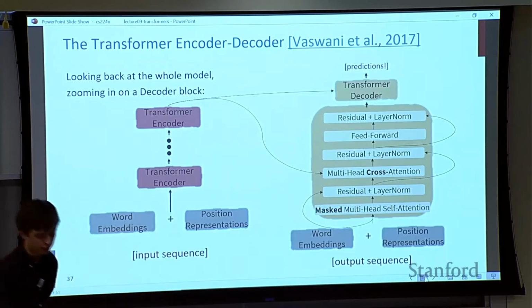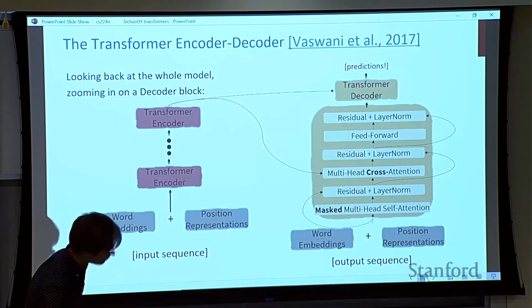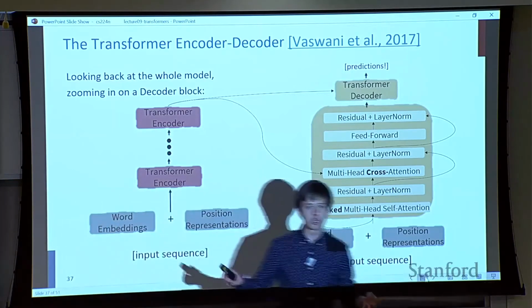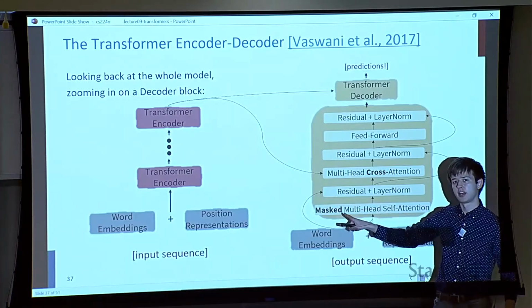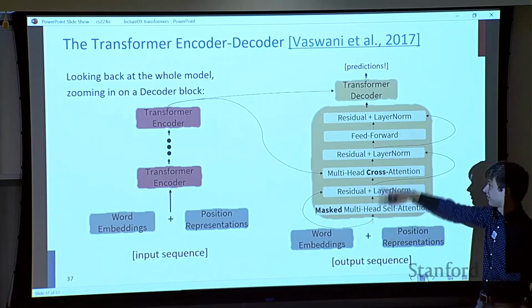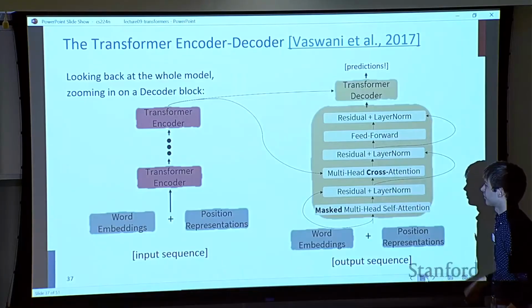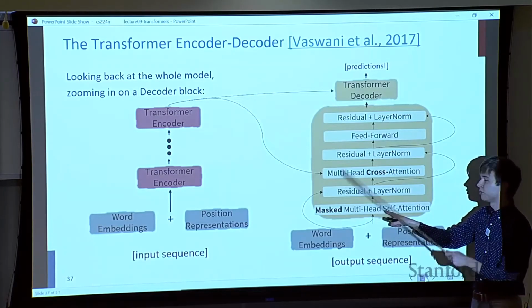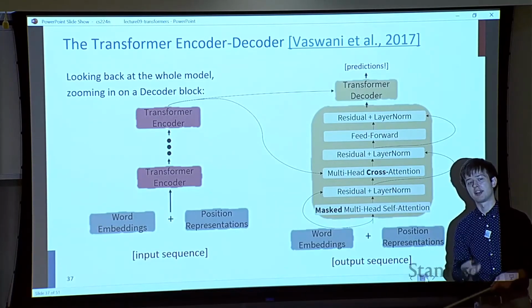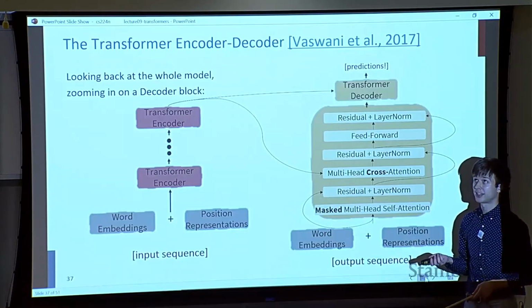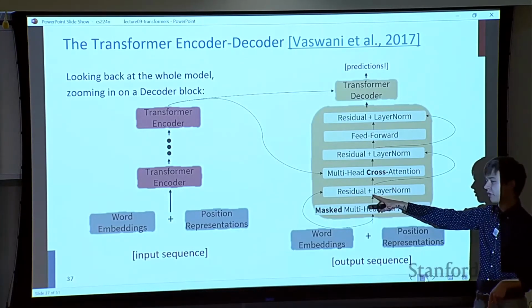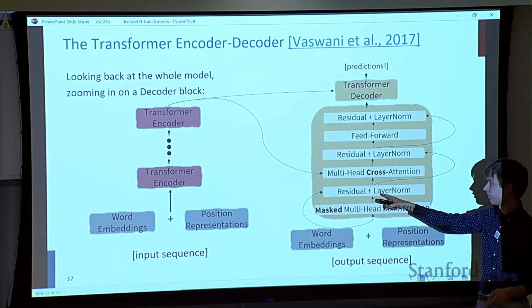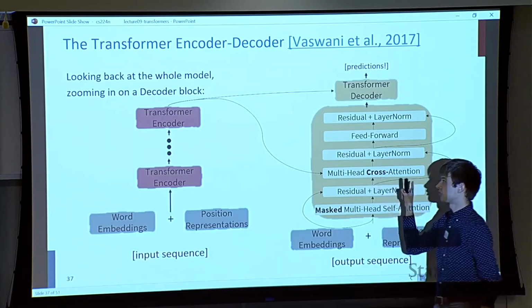Now let's look at the transformer decoder block. This is actually more complex. In particular, you've got that masked multi-head self-attention. And remember, this is not just for the first one, this is for all of the transformer blocks. So we've got masked multi-headed self-attention, where we can't look at the future, because we've added negative infinity to the affinity scores. Residual and layer norm, like we did for the encoder. Now we've got multi-head cross-attention.